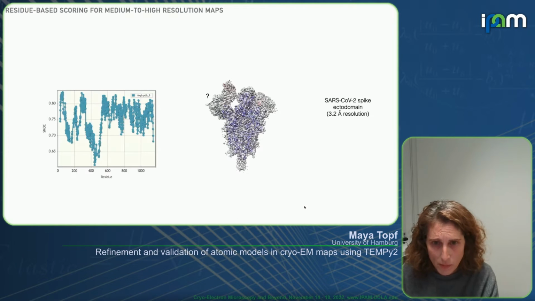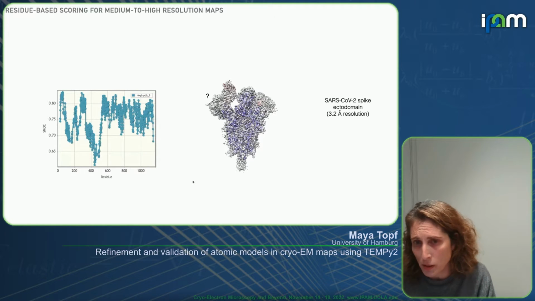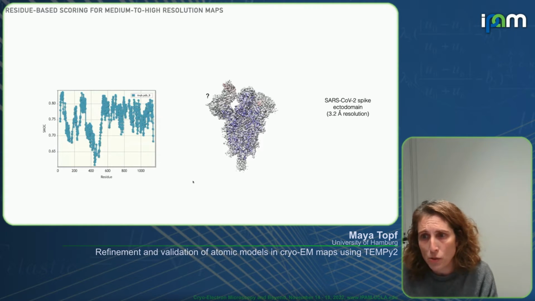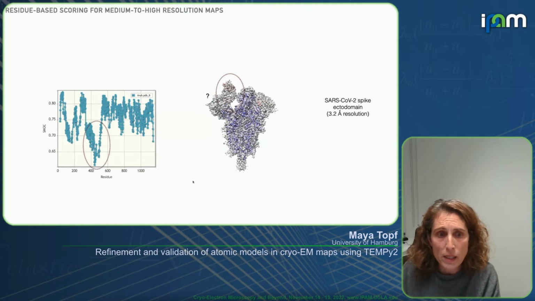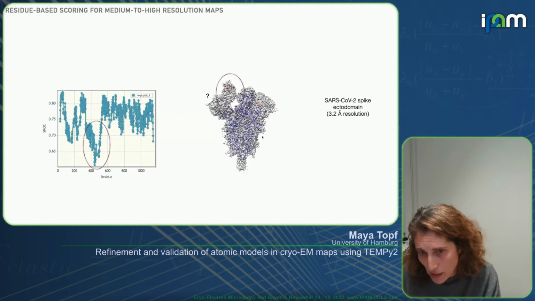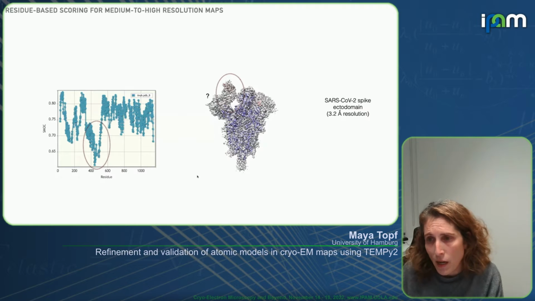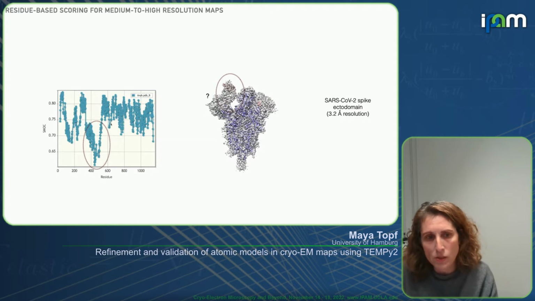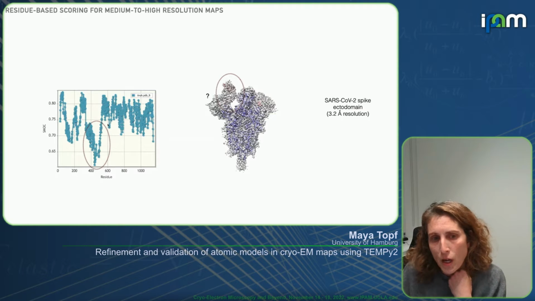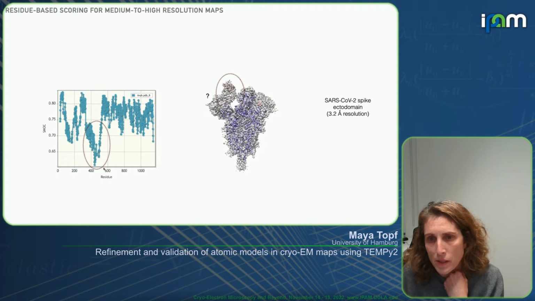Just as an example, this is one of the early structures that was deposited in the PDB for the SARS-CoV-2 spike ectodomain, and it is still deposited in the EMDB. If you simply run the SMOC score, you can see that you have low correlation in a certain region.